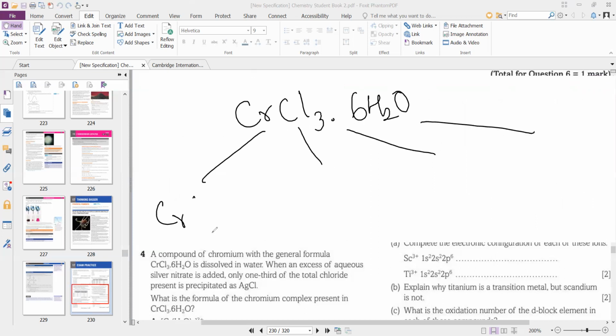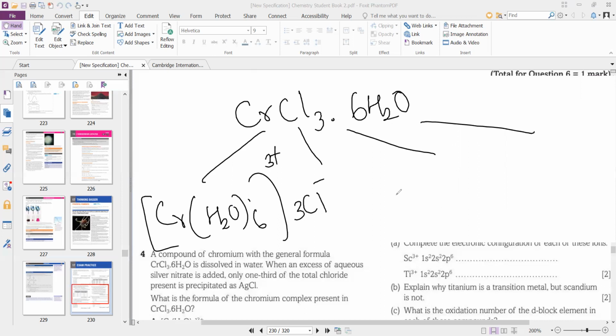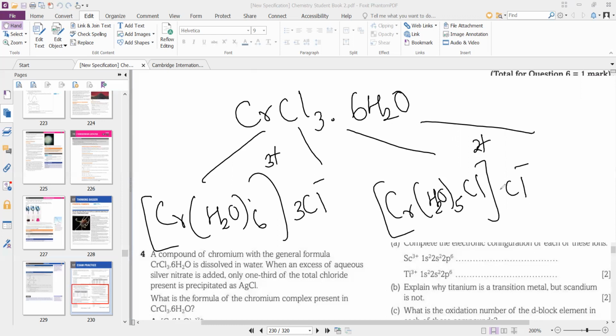It can be Cr(H2O)6 3 plus and 3Cl minus outside. Another, Cr(H2O)5Cl 2 plus and 2Cl minus, or else Cr(H2O)4Cl2 plus and Cl minus.